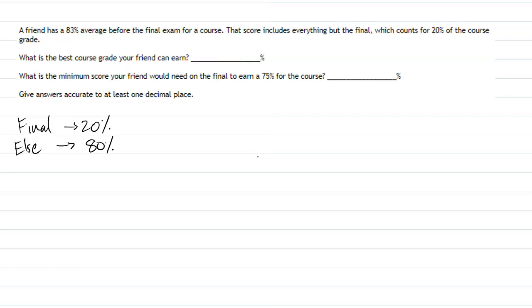So what we want to do is determine, first it says, what is the best course grade your friend can earn? Well, let's just imagine that the highest grade you can get is 100%. There's no extra credit, let's just assume. So what we would do is we would determine 83% of the 80%.